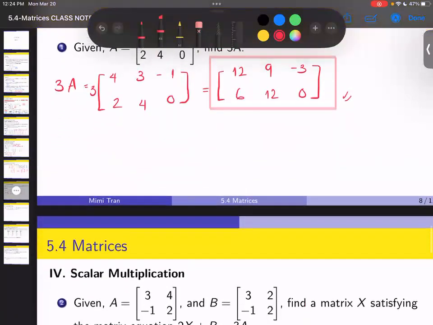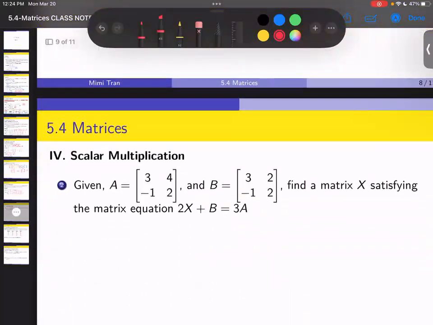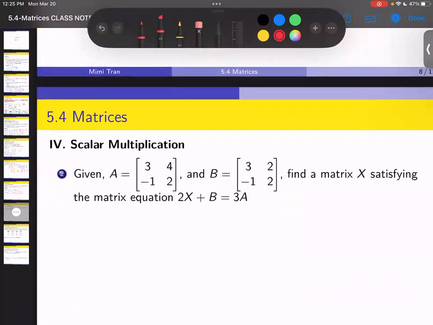Number 2 is more something you have on the exam. Given A is that, B is that, find the matrix X that satisfies the matrix equation 2 times X plus B equal 3A. So let me write down the equation: 2X plus B equal 3A.